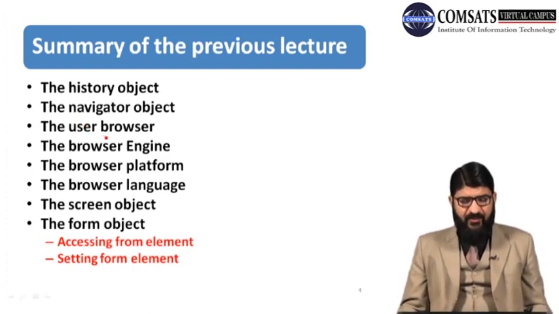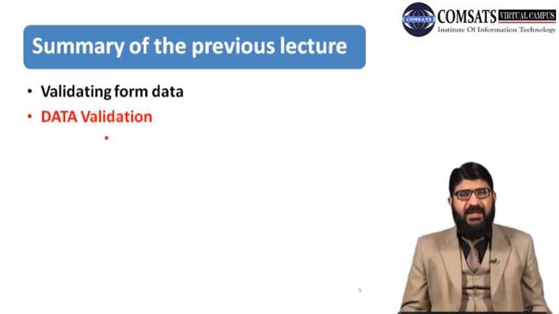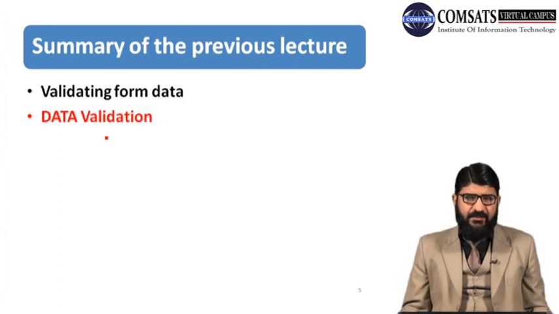And then moving onward, we discussed data validation and validating form data. For form data validation, we discussed that it is done on the client side, with respect to two different approaches. The first approach is using the required attribute for validating form data, so you can set the form validation for data.